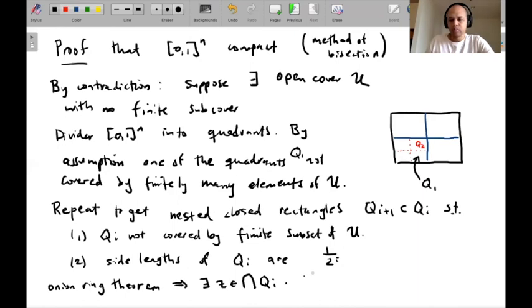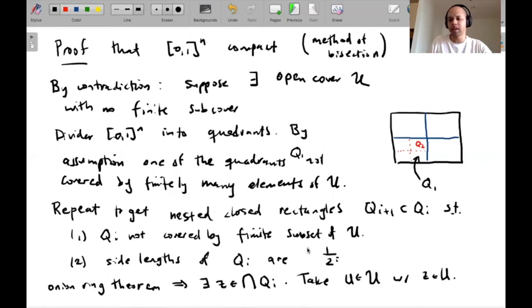So we take the intersection of all of these cubes, and it contains some point Z. That point must be contained in some open set in the cover. So let's take U in script U with Z in U, and we're almost there.